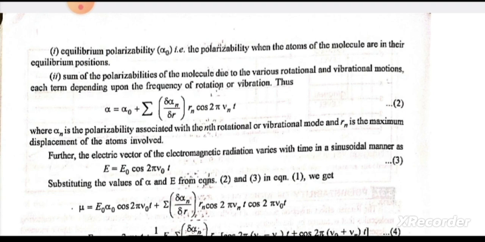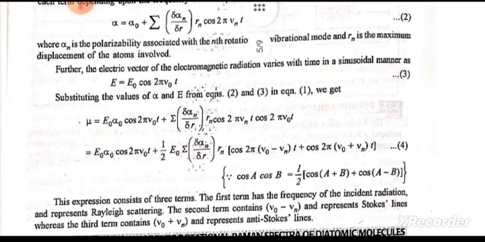Substituting the values of alpha and E from equations 2 and 3 in equation 1, we get mu is equal to E naught alpha naught cos 2 pi v naught t plus summation of delta alpha n into Rn cos 2 pi v n t cos 2 pi v naught t, which is equal to E naught alpha naught cos 2 pi v naught t plus half E naught summation of delta alpha n by delta R into Rn cos 2 pi (v naught minus v n) t plus cos 2 pi (v naught plus v n) t, using cos A cos B is equal to half cos (A plus B) plus cos (A minus B).